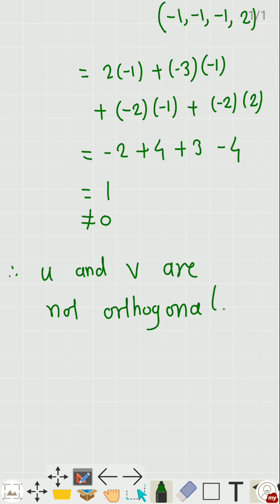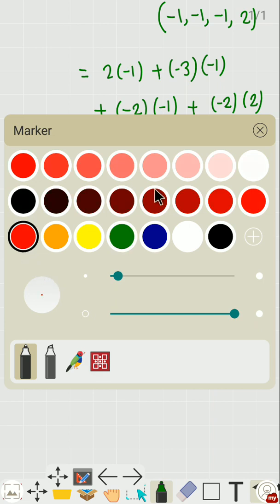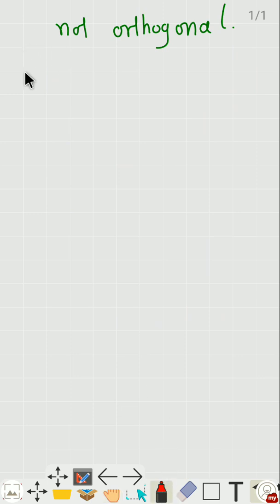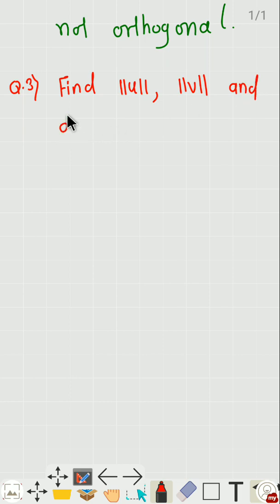Now let us go to question number 3. Question number 3 says to find the norm of vector u, the norm of vector v, and the distance between vector u and vector v.